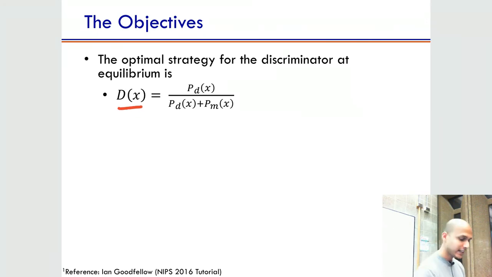It's just the ratio of the data distribution and the model distribution.